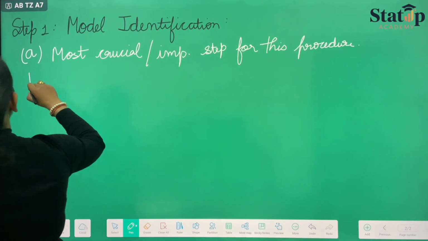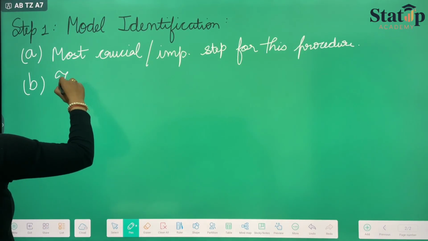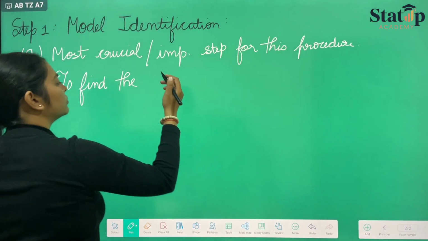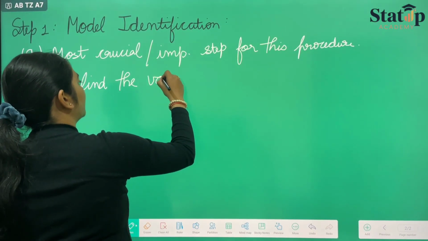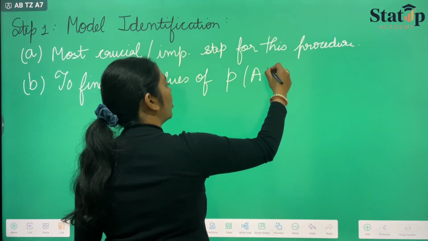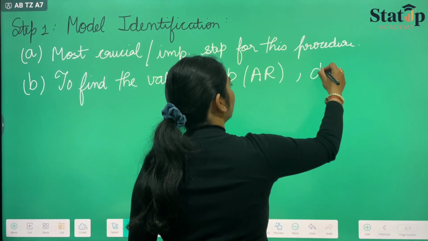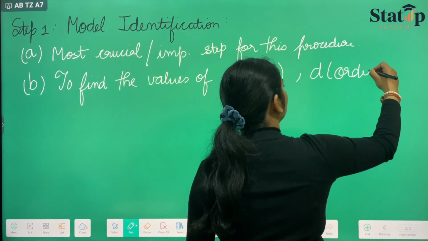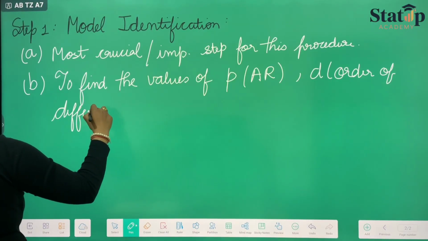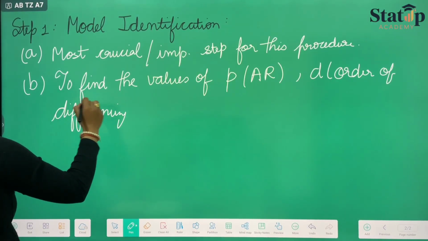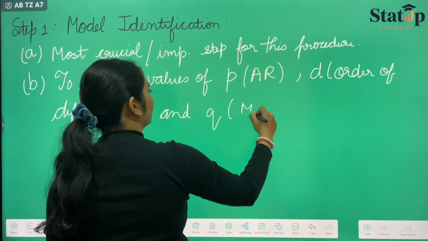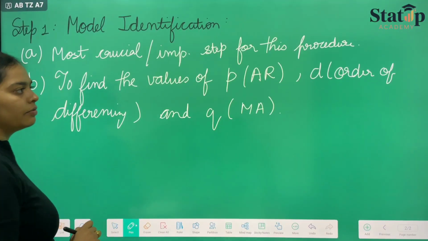Here we have to find the values of p from the autoregressive model, d from the order of differencing, and q from the moving average model. These three have to be found out.